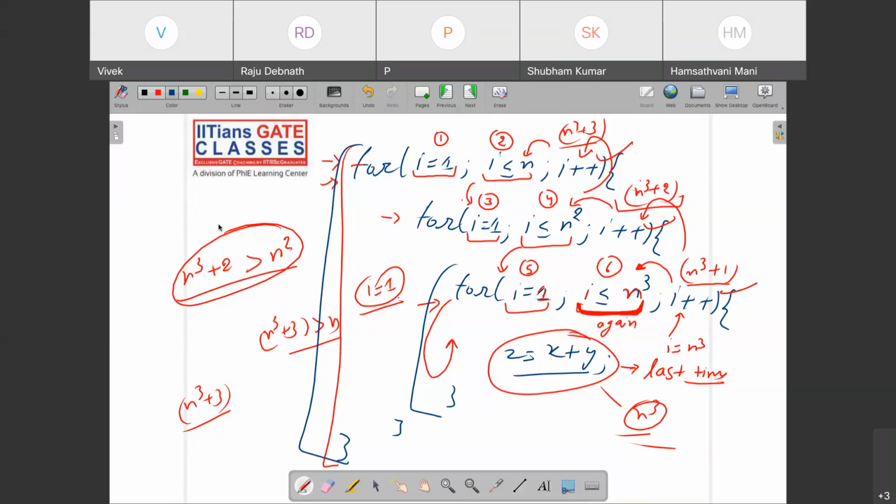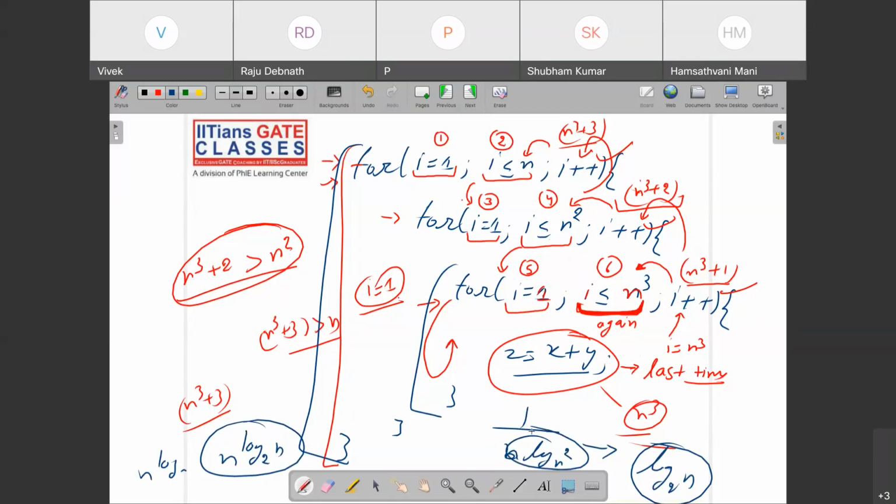Try to solve some logarithms like log base 3, log raised to power n, log power 2, or if somebody gives you 1 upon log base n by n2, this can be converted into log 2n. Try to understand these simple logarithmic operations: division, multiplication, summation, such things.